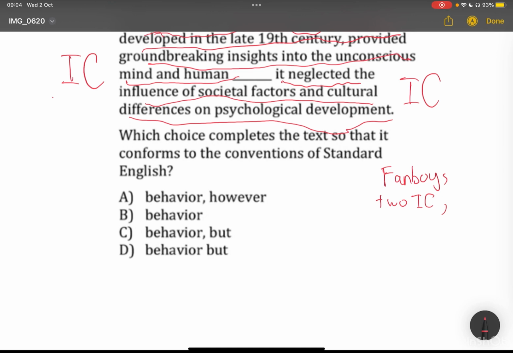Look at A. Behavior, comma, however. However is not a FANBOY, so cross it out. Behavior without a comma, cross it out too. Behavior, comma, but. This is the correct answer. That's a FANBOY. For D, behavior, but there's no comma. We cross it out. The final answer is C.